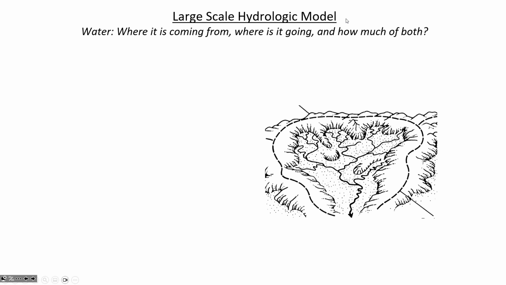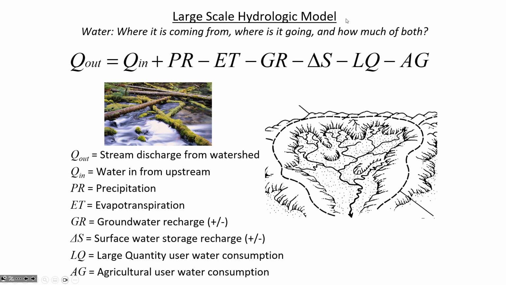There can be water coming into the watershed from two places. Water can come into the watershed as if there was a stream or a pipe that was bringing water in from external. So Q in is just saying, let's say that there's some water from an upstream river that's entering the watershed. PR is the precipitation.